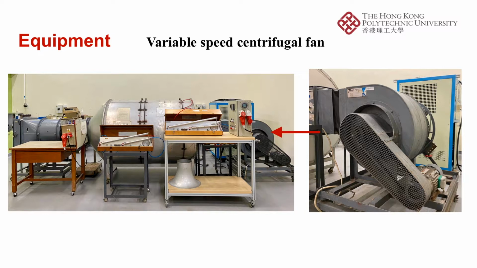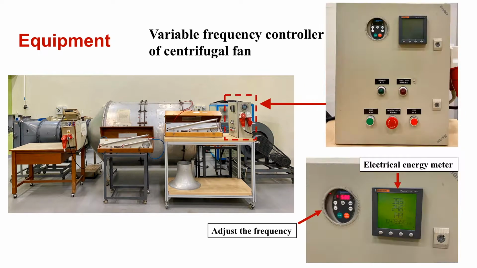Next is the variable speed centrifugal fan, and this is the centrifugal fan's frequency controller. We can use it to adjust the speed of the fan. On the right is the display of the electrical energy meter. We can directly read the voltage, the current, and the power consumption.